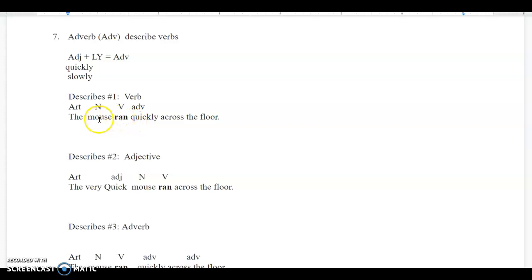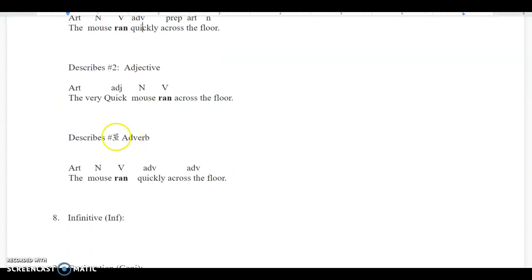I'm not describing the mouse. I'm describing how the mouse ran. So quickly is your adverb. And since we're super smart with parts of speech, we can say across is your preposition, the is your article, and floor is your noun, right? So number one, adverbs describe verbs.